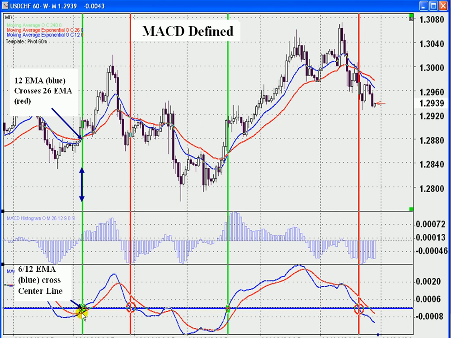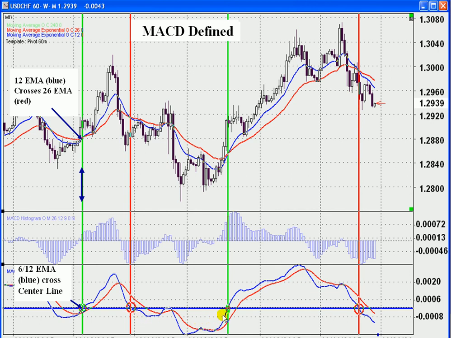In addition, when the MACD blue and the red line are crossing, we also see a cross in the histogram across the histogram center line. As price moves, as the MACD 12 and 26 moves below the 9 exponential moving average on the chart, we also see the blue line crossing to below the center line in the lower window.